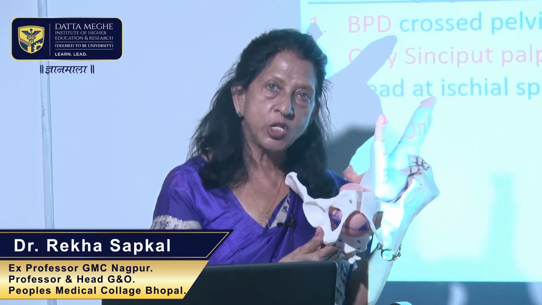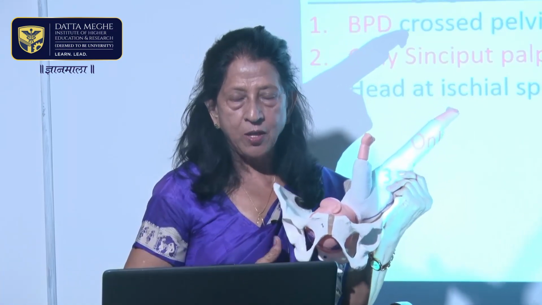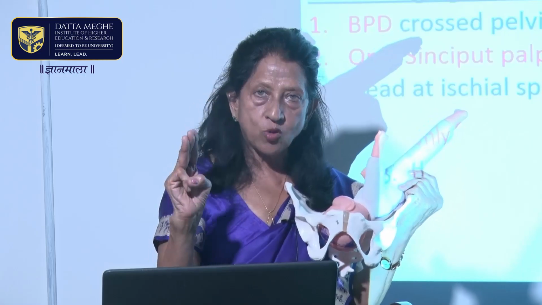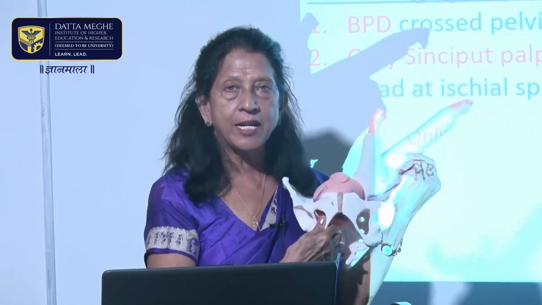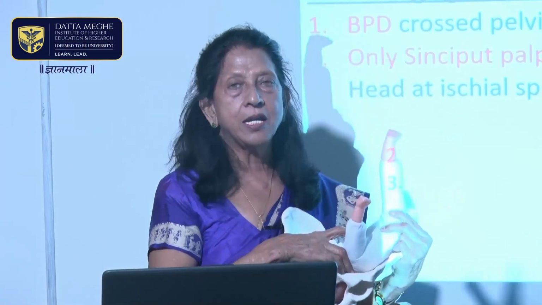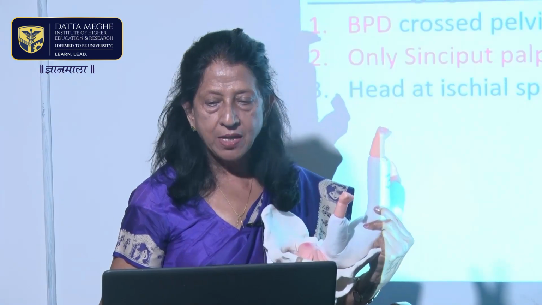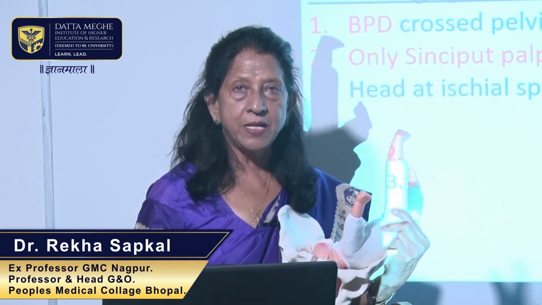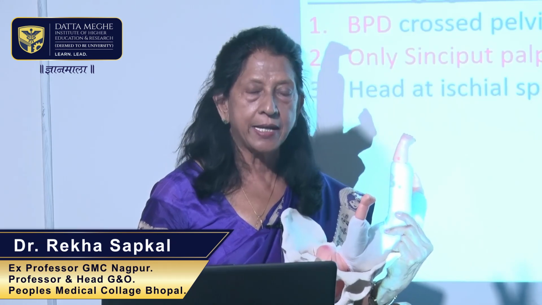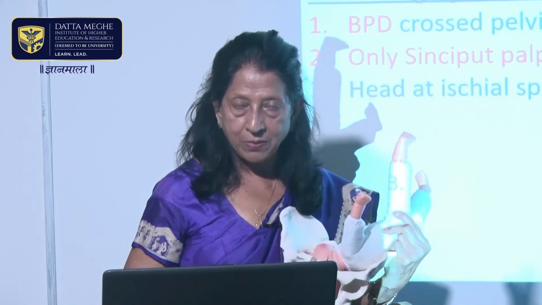Naturally at the level of ischial spine, and abdominally it will not be felt. So the 3 points are: BPD has crossed the pelvic brim, on PV examination it is at the level of ischial spine or 0 station, and abdominally it is not palpable. So, that is an engaged head. This definition of engagement is very, very important because it determines the difference between the fixed head and engaged head. Engaged head means abdominally it is not palpable.